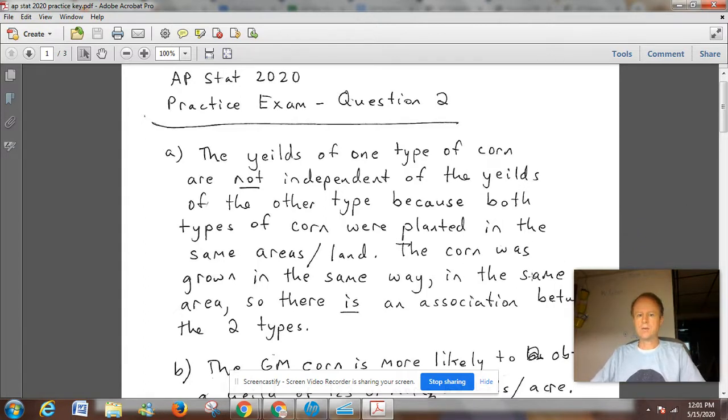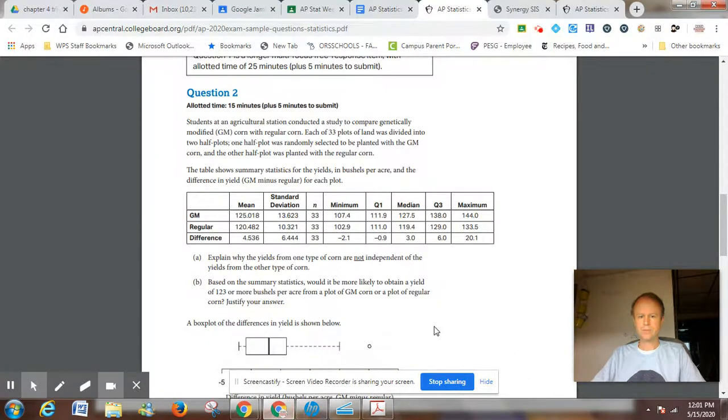The second question, let's go back to our second question. So our second question asks, based on summary statistics, would it be more likely to obtain a yield of 123 or more bushels per acre from a plot of GM corn or a plot of regular corn? Justify your answer.